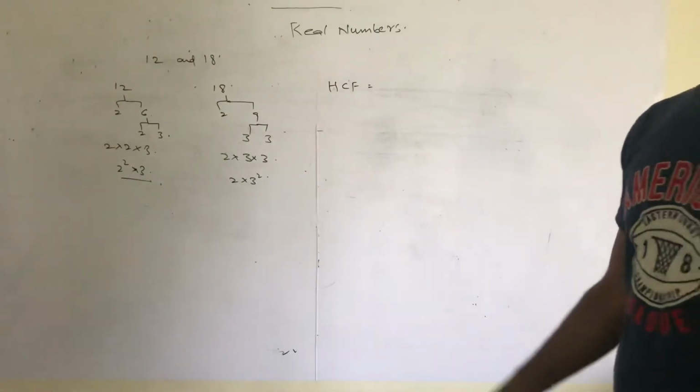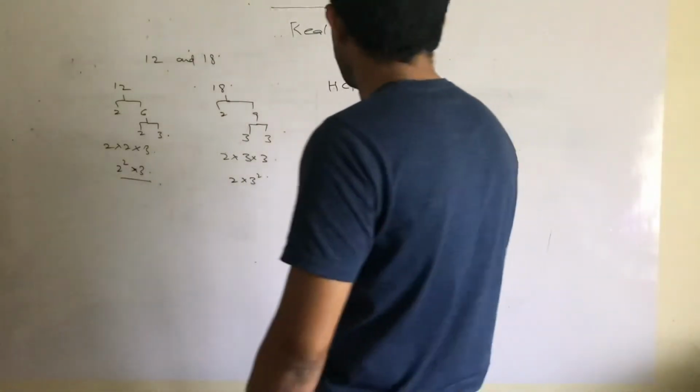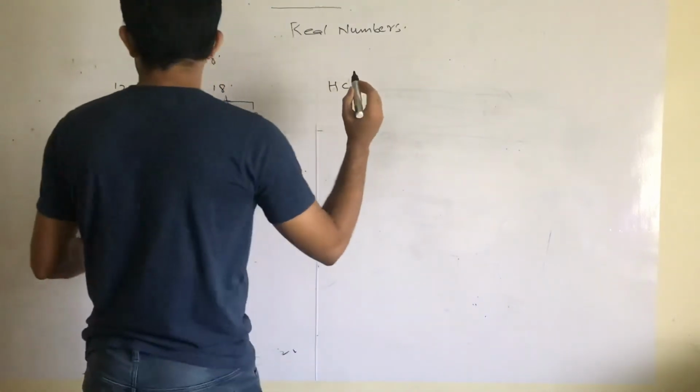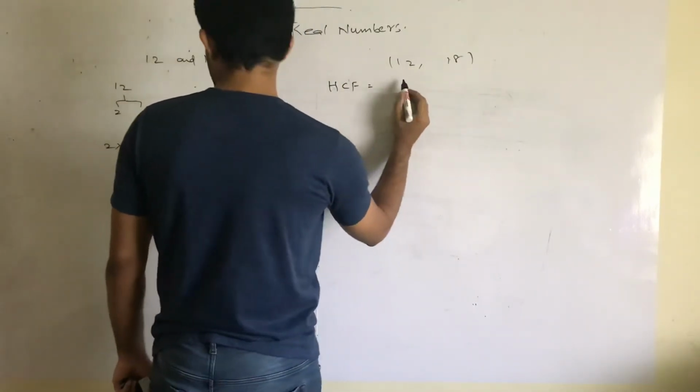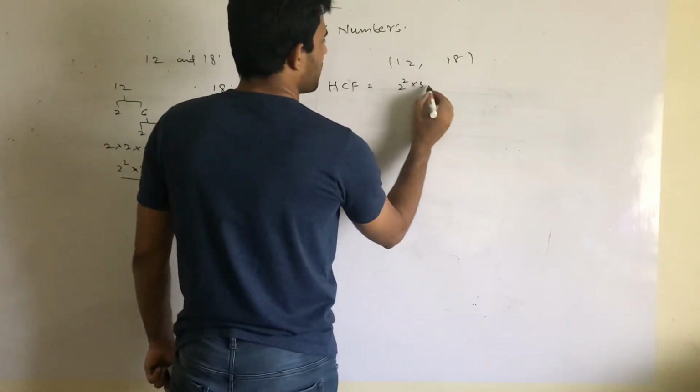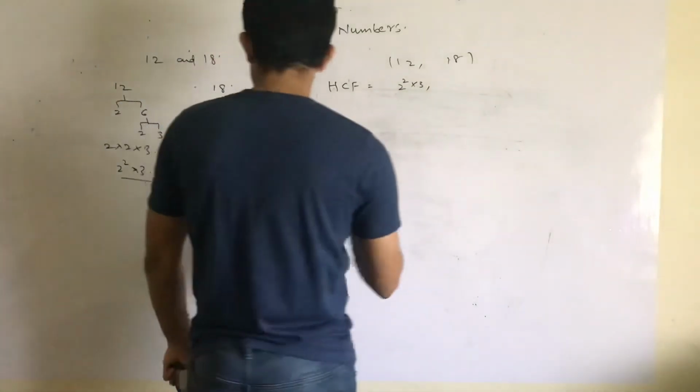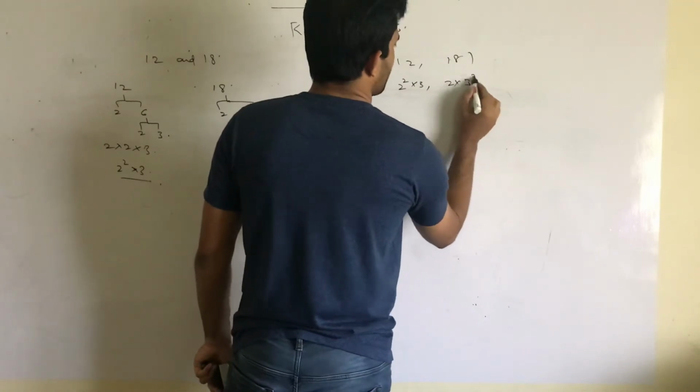Let's say I have two numbers here. So for 12 and 18, I have written into the prime factors, that is 2 square into 3 and also 2 into 3 square.